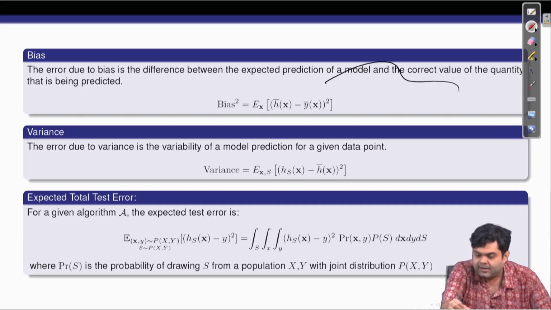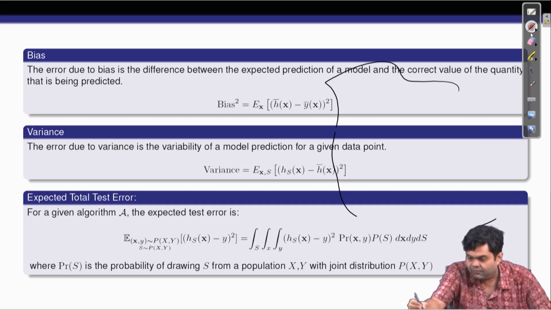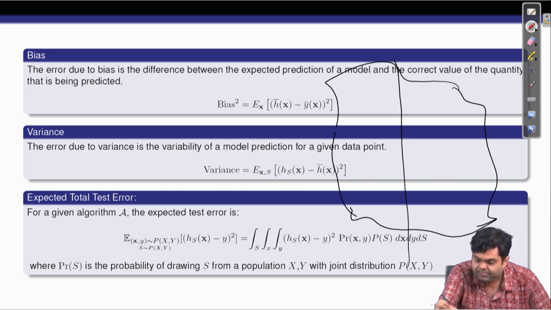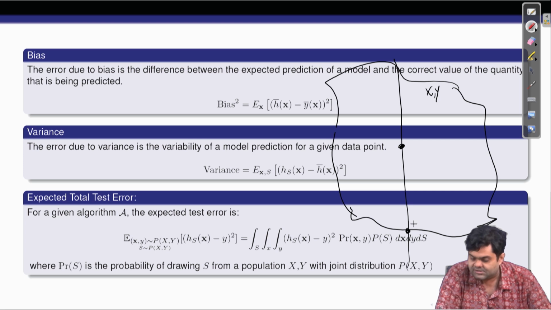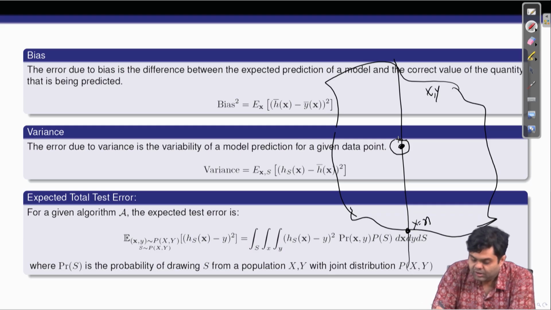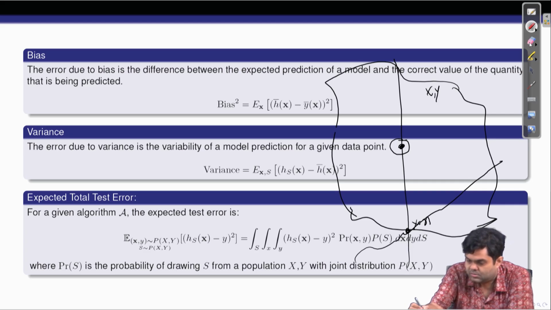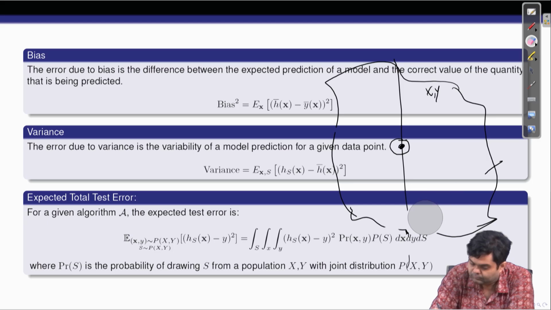If you think of the population as this whole population of x, y, something this big, and let's say this is for a particular value x, this is your population center. Now, the rules you are getting for various samples are... So, this is your whole population for x equal to x.